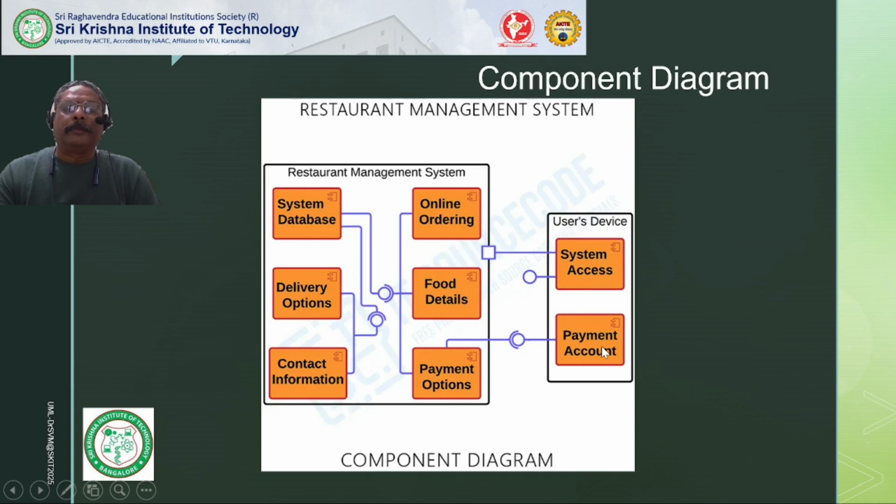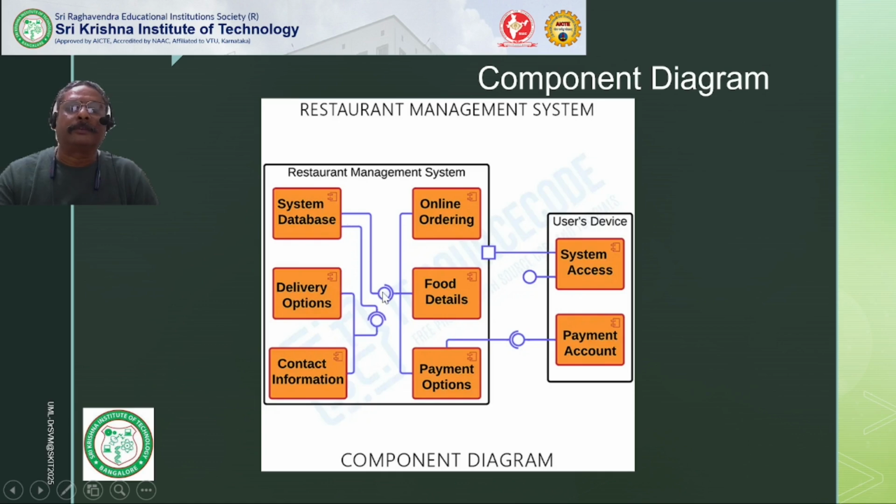So here the payment provides the details, the payment options receive the details for the payment, and once the ordering is done, then the food details are received from the system database, what the foods are available and all that, and the delivery options are provided by the delivery option to the database. So the delivery options are stored onto the system database. The contact information is provided by this component, and that gets into the system database.